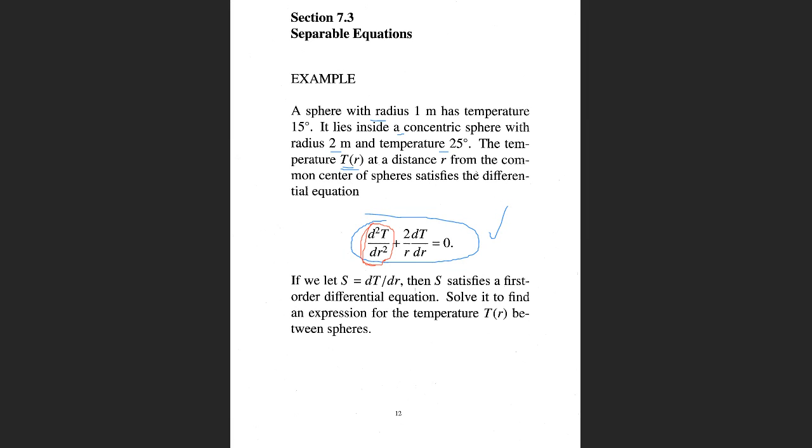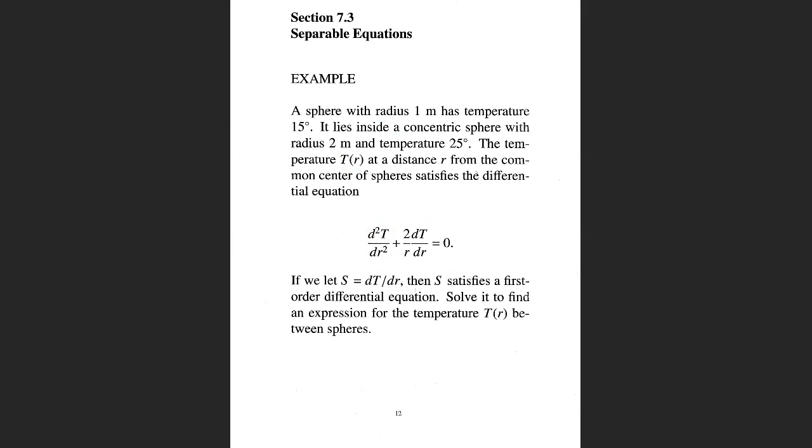So when you learned about the technique of separable variables, you worked with first order differential equations and were able to solve explicitly for the solutions using the separation of variables technique. But in this problem, because you have a second derivative in the differential equation, you have to make a substitution to convert this second order differential equation to a first order differential equation.